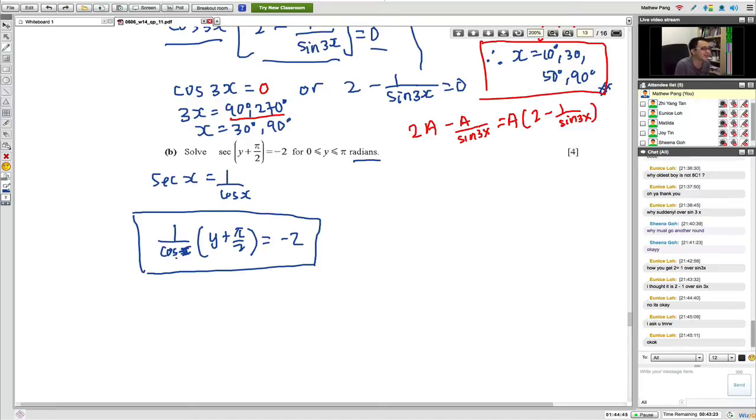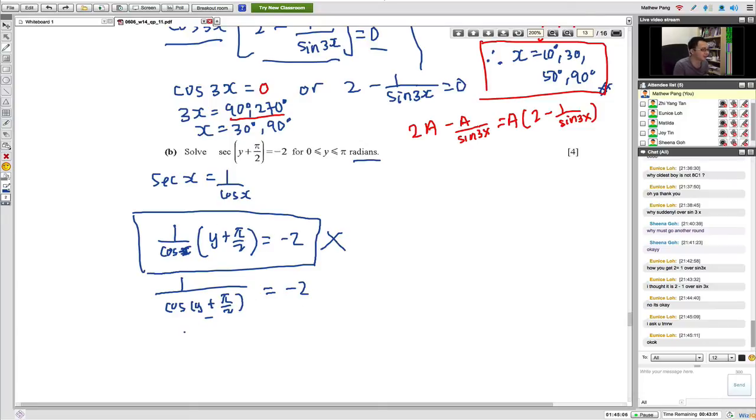This one is a wrong example. You should do like this: 1 over cos of y plus pi over 2. Because y plus pi over 2 is the angle, you must write like this. You cannot write like this. This is wrong.